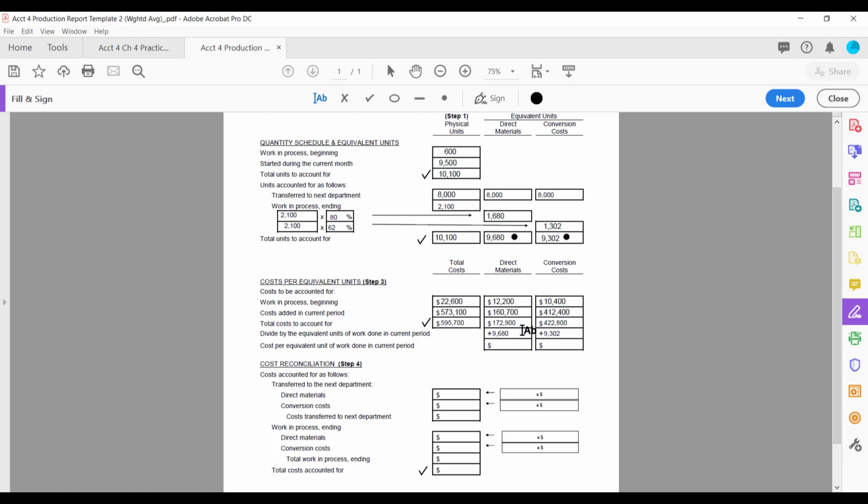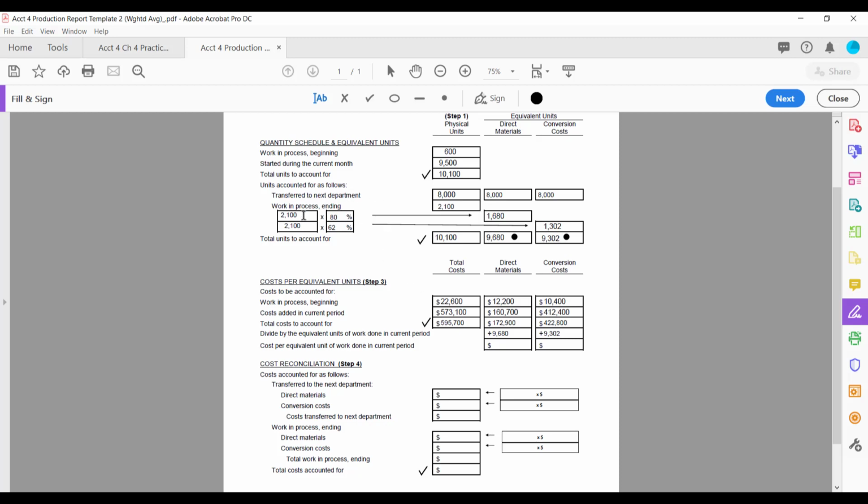So if the total direct materials cost to account for so far in this department is $172,900, we're saying that's how much was spent in terms of additional costs and the cost we started with to get to 9,680 equivalent units of production. In other words, that's how much we spent in terms of direct materials to get 8,000 units completely done and some of the work in process partially done.